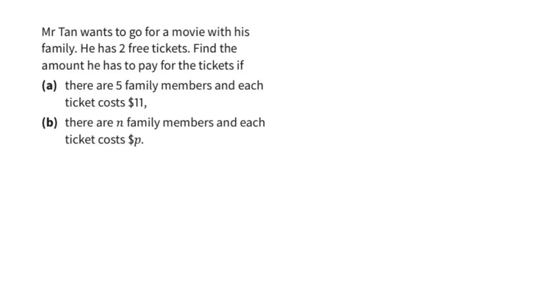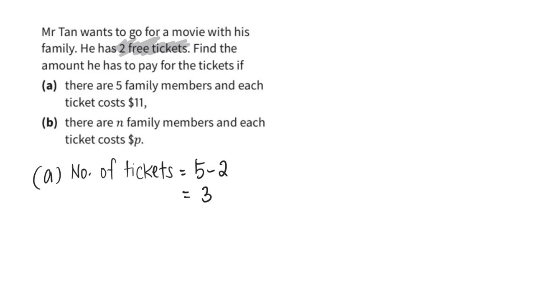So since he already has 2 free tickets, means that he doesn't need to pay for these 2. Altogether there are 5, meaning the number of tickets that he has to buy will be equal to 5 minus 2 equals 3 tickets he has to buy, and each ticket costs $11.